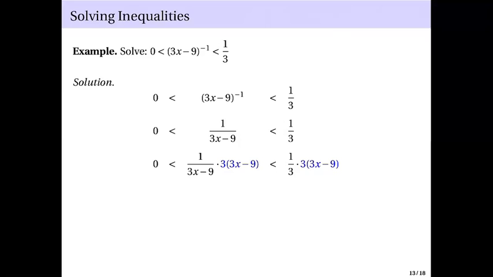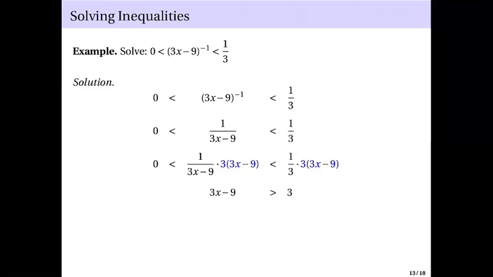Then we simplify. So notice, if we simplify, the 3 and the 3 here will cancel, and we will be left with 3x minus 9. In this part, 3x minus 9 and 3x minus 9 here will cancel, and we will be left with 3.